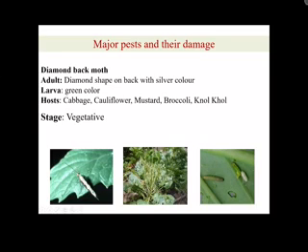It lays individual creamy eggs, and upon hatching the larva is green in color. They usually eat the topmost portion of the leaves, not the bottom leaves. If it eats the top portion, the entire head, the economic part, will get distorted. In later stages, they will go to the other parts of the leaf.